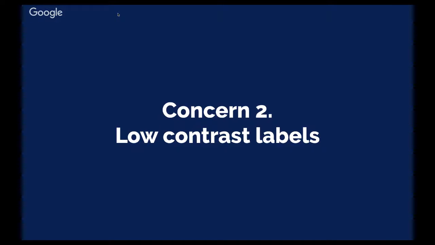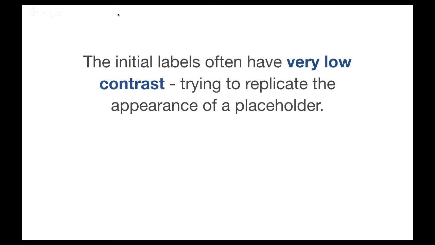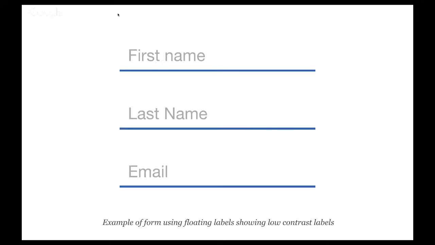My second concern is to do with low contrast labels. So in a range of different examples I've seen, the label in its initial state, before it slides up out of the control, is often very low contrast. And I think one of the reasons why they're doing that is to try and make it appear like it's a placeholder. And by default, a placeholder element is sort of soft grey.